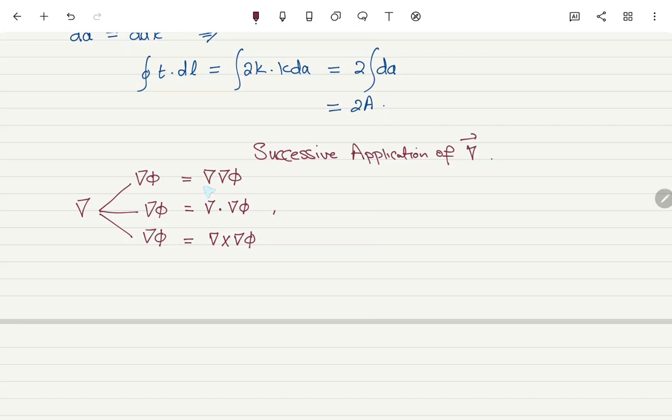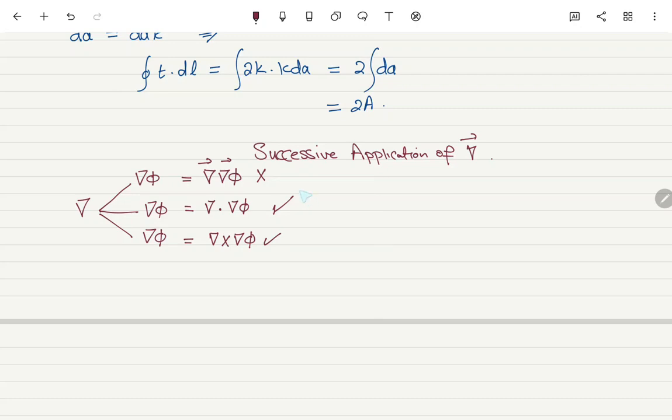In the first one, this is a vector and this is another vector. A vector cannot be applied on a vector like this, so this is not possible. A vector can be applied on another vector with a dot, and this is all right, no problem with that. And a vector can be applied on another vector with a cross product, again no problem.